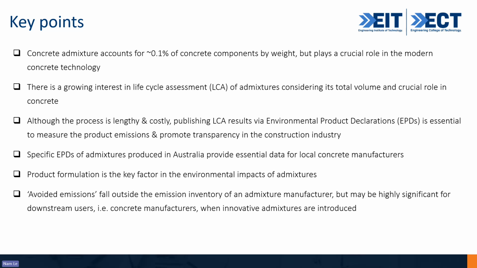This term is very important in the sustainability topic, because this is when companies try to solve the problems of other companies or the industry, right? The avoided emission will fall outside the emission inventory of the manufacturer, but it's very important, right?